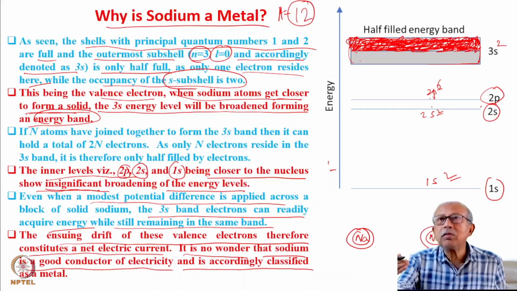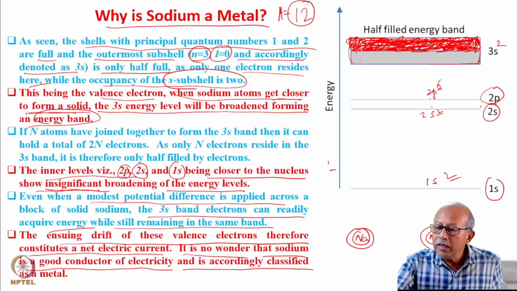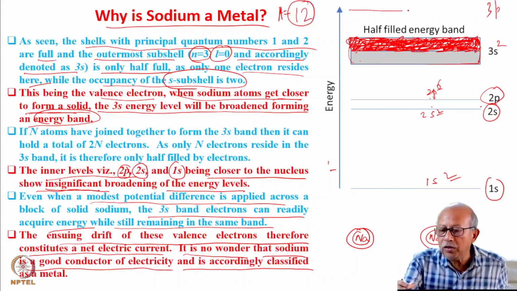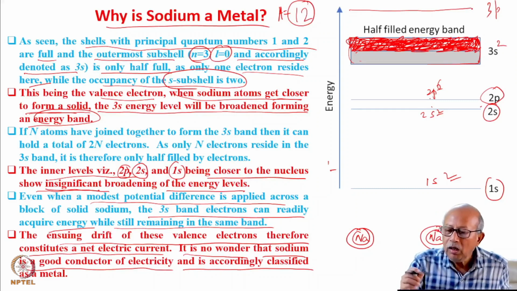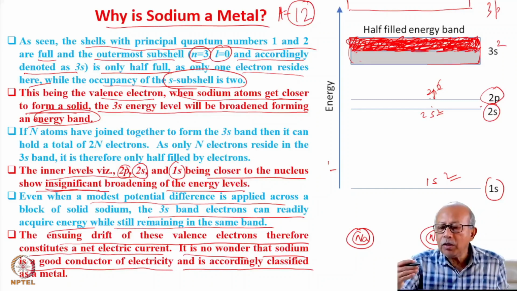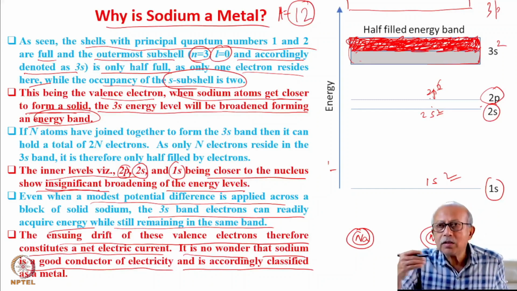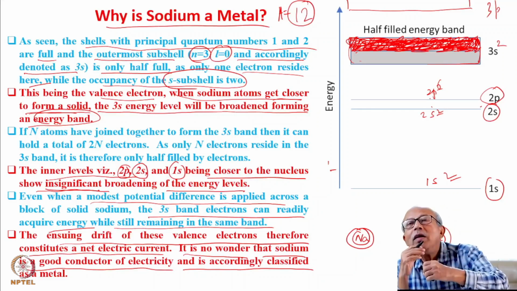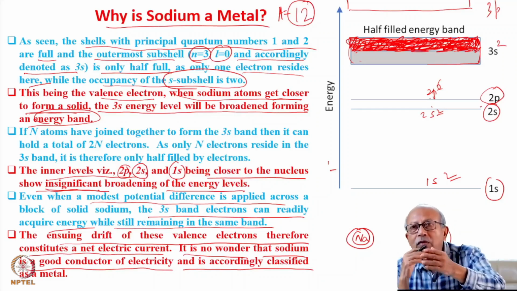So the next energy level is the p energy level, which is somewhere here. And this, of course, also can make a band, because it will be even outer. So it would be even further away from the nucleus.